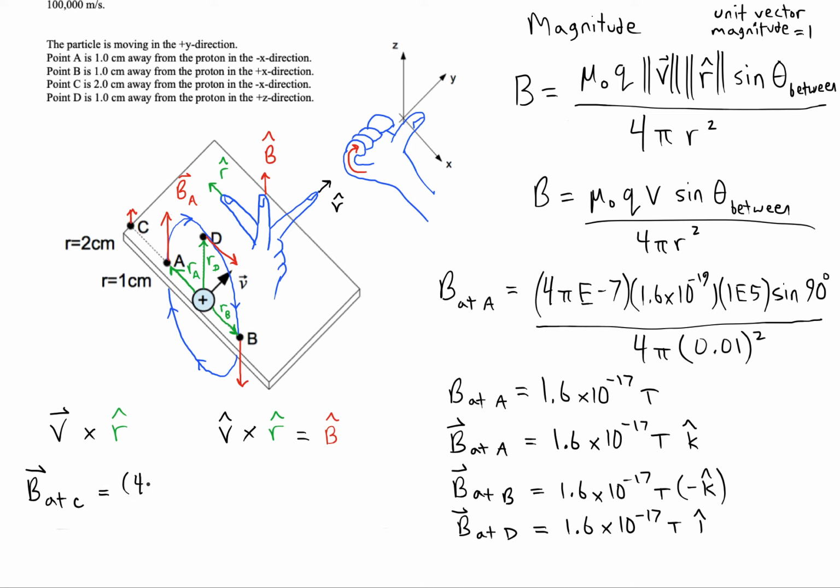We'll need 4 pi e to the minus 7, 1.6 e minus 19, same speed of the proton, same angle between the velocity and the radial vector.